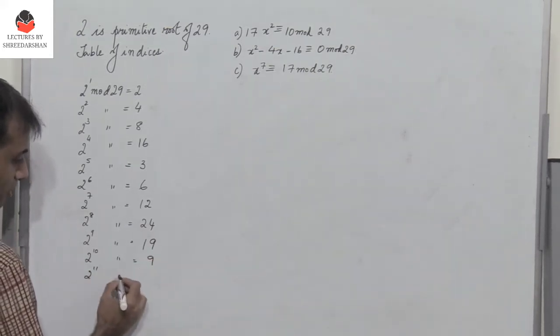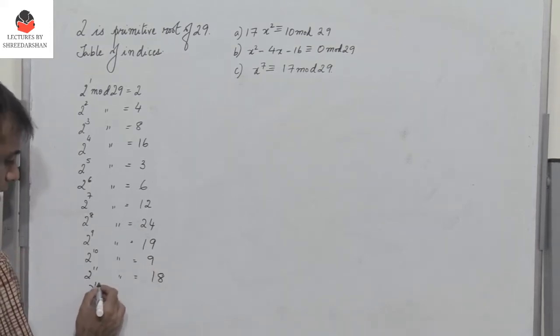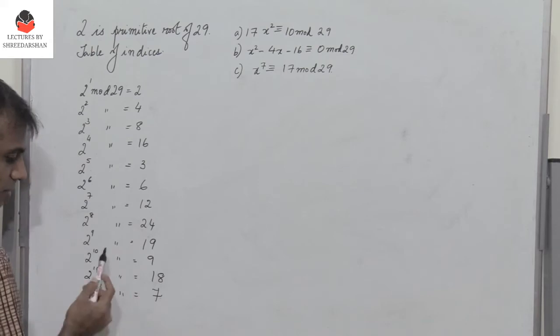Next, 2 power 11 is 9 into 2, which is 18. 2 power 12 is 18 into 2, which is 36. So 36 minus 29 gives me 7.